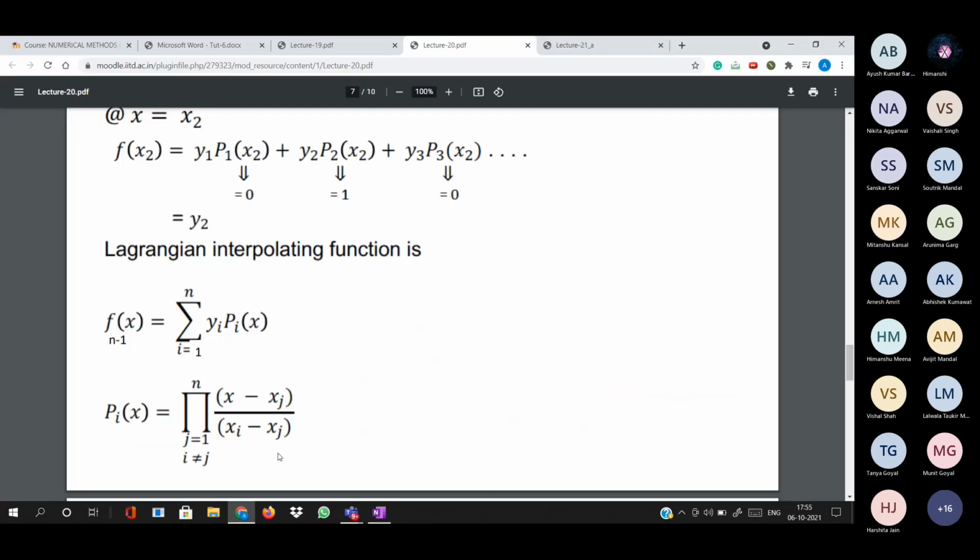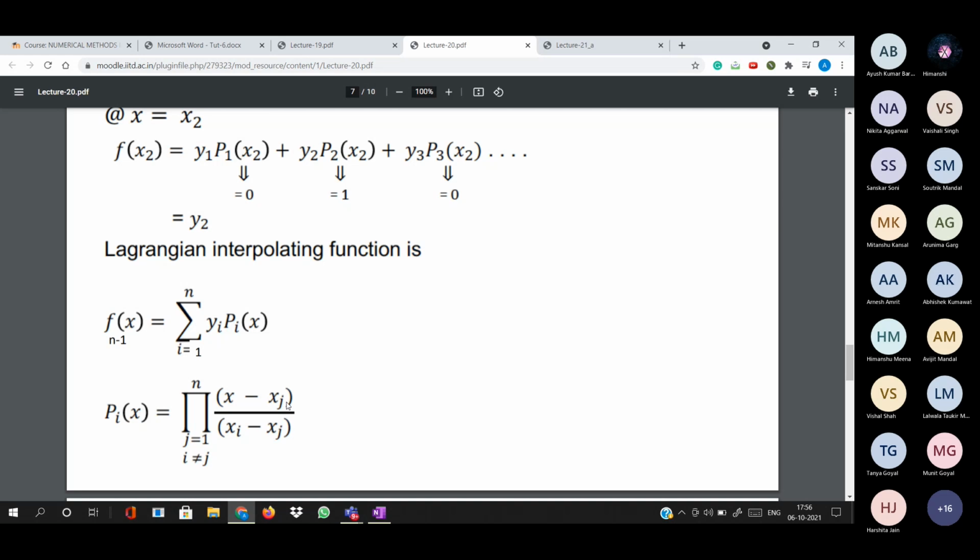So now what he constructed was this. He defined pi x equals to, this is the product sign, all of you must know. Suppose we are calculating p1, so we will write here x minus xj, the product of all x minus xj, where j is not equal to i, because if j equals i, then when we put x equals x1, with i equals 1, it will become 0.